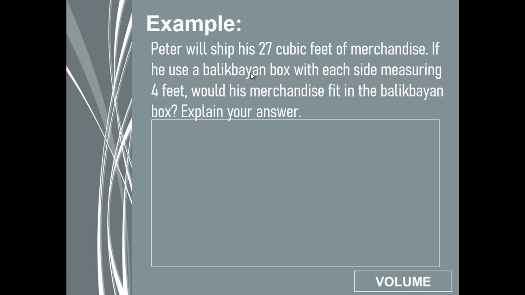So, we'll use volume equals S cubed since it is a cube box. Next, substitute for S, each side is 4 feet, then raise it to the power of 3. So, V equals 4 times 4 times 4, multiplying it by itself three times.